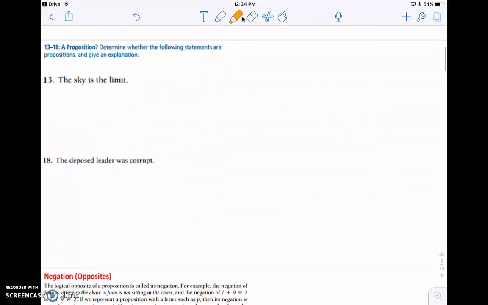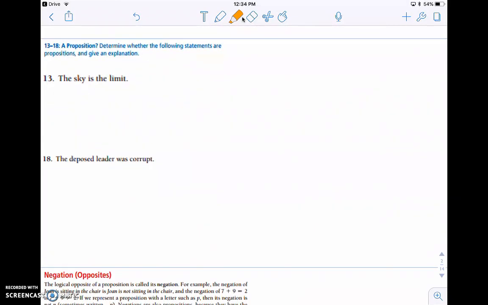So let's determine if the following statements are propositions, and give an explanation as to why. On number 13 here it says, "The sky is the limit." That is a proposition, because we are making an assertion that the sky is the limit.